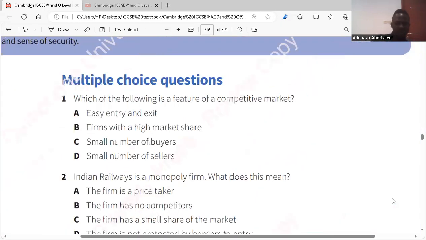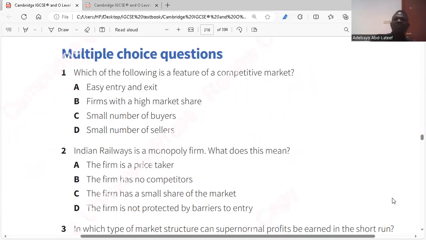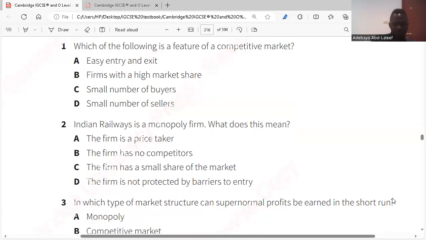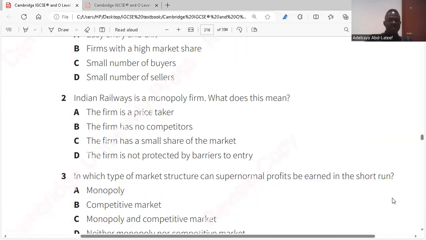So, multiple choice questions. Which of the following is a feature of a competitive market? The competitive market. Easy entry and exit, yes. Question 2. Indian Railway is a monopoly firm. What does this mean? Indian Railway is a monopoly firm.